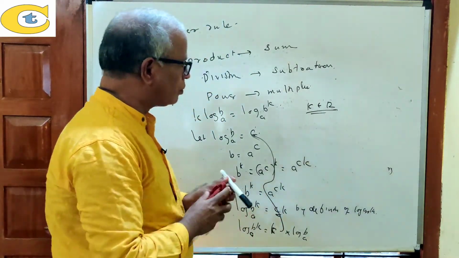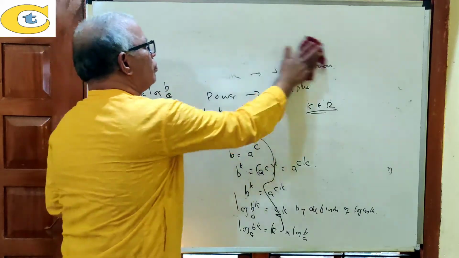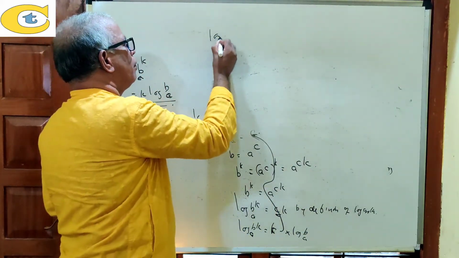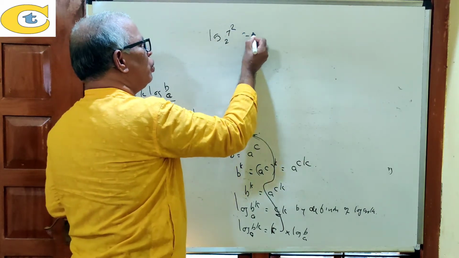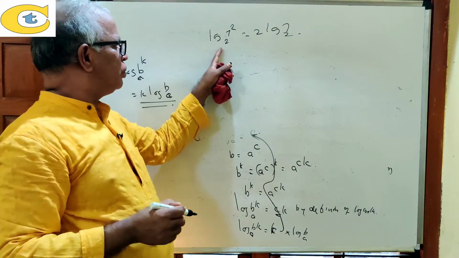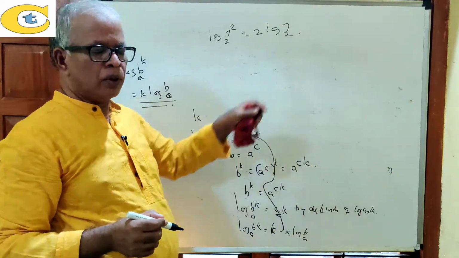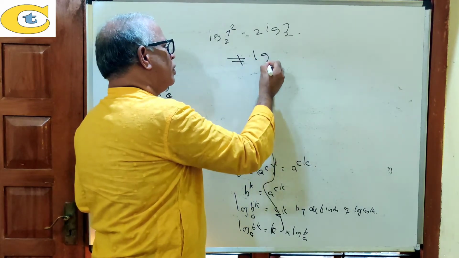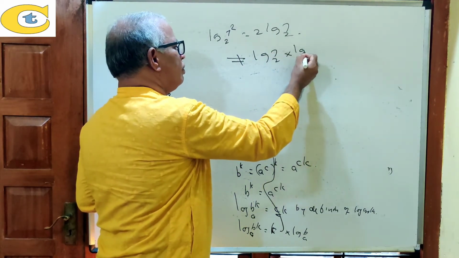So you see, log 7 squared to the base 2 is equal to 2 log 7 to the base 2. Remember it? Now it is not log 7 base 2 into log 7 base 2. Remember it.